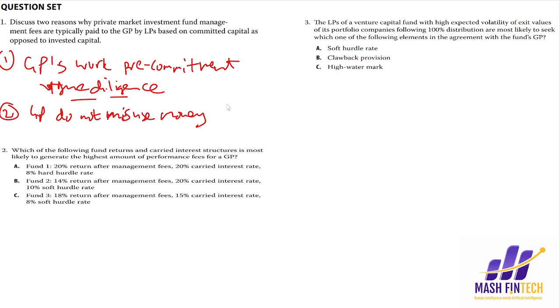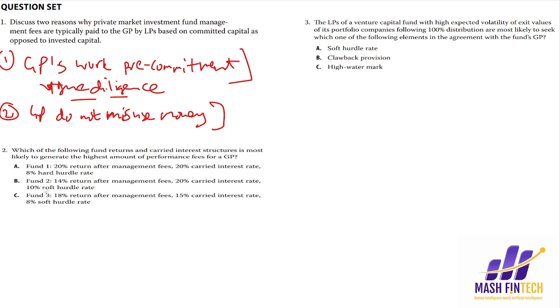So they are not too quick to deploy the money they are given on less attractive investments just to generate management fees. They are careful with the money, and they do work in the pre-commitment stage establishing the investment thesis, which we spoke about earlier.